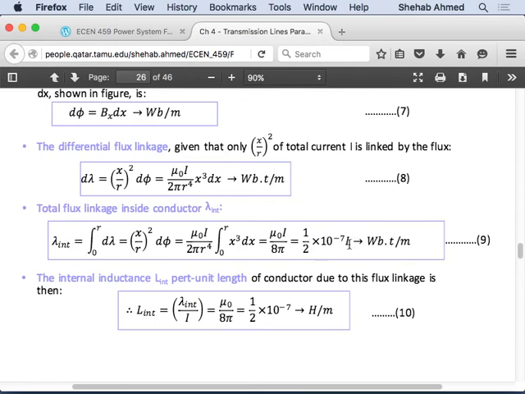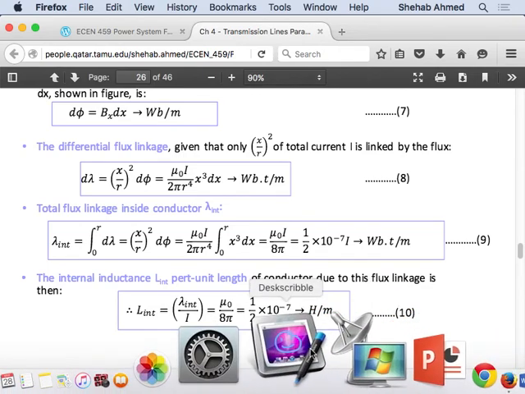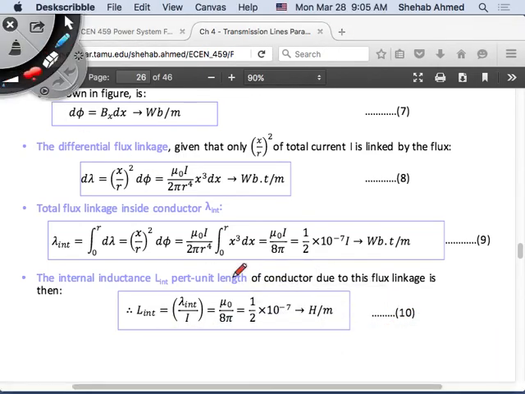Then we divide the flux linkage by the current of the conductor to calculate the inductance. This is the inductance due to the internal magnetic field of a conductor. So you calculated an inductance due to the magnetic field inside the conductor.